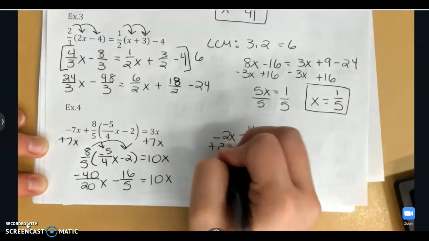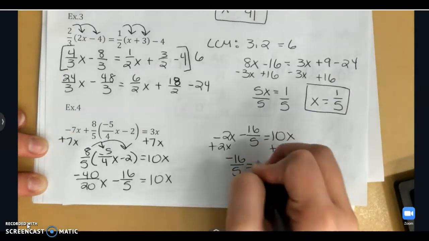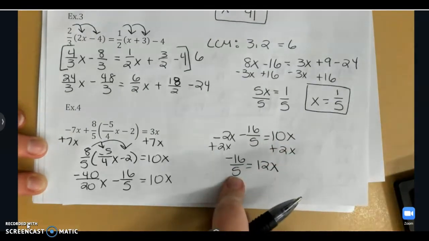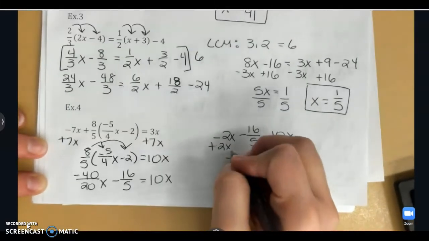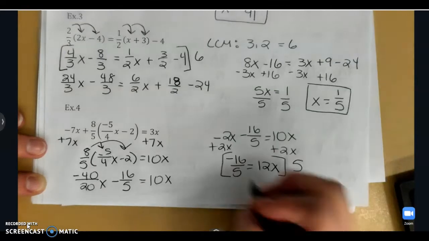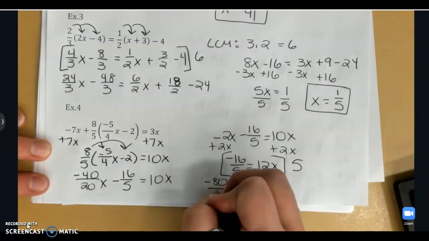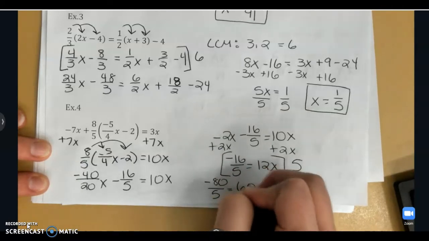So I'm going to move that 2x to the right side, and we get negative 16 over 5 is equal to 12x. Now I'm ready to clear my fractions. So my only denominator is 5, so I'm going to multiply my entire equation by 5. So I'm going to get negative 80 over 5 is equal to 60x.